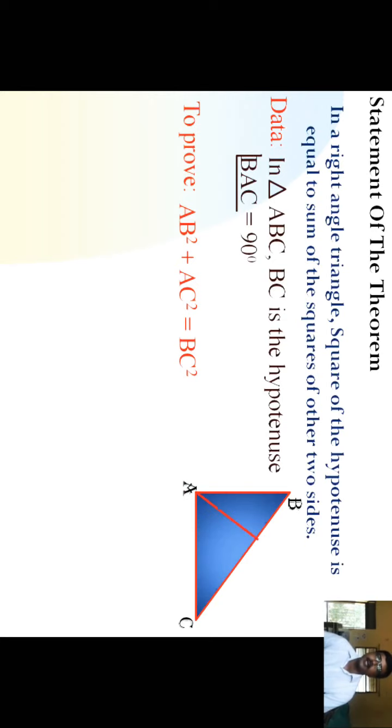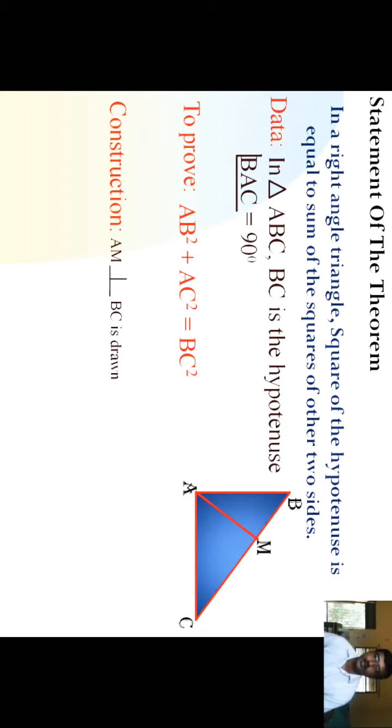Let us consider a line, and let me give the name to that as AM. So from the vertex A, the right angle vertex A, I have drawn an altitude to the hypotenuse BC, and the altitude name is AM. The construction says AM perpendicular to BC is drawn.